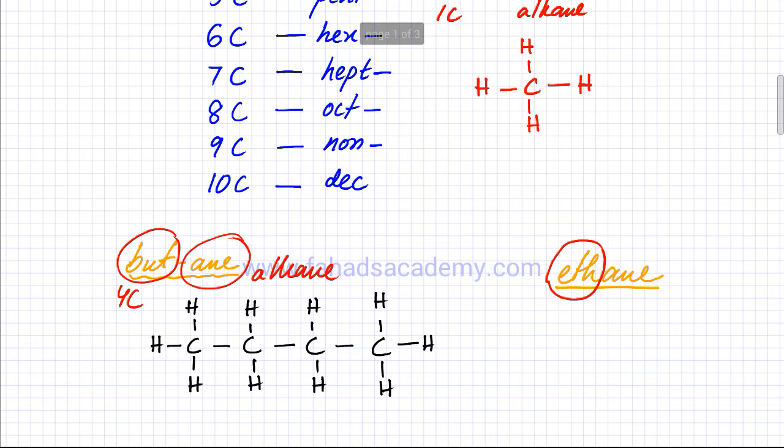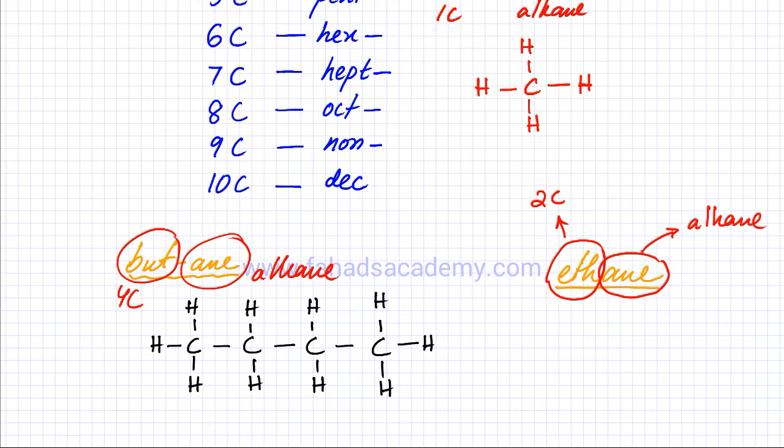So this part says that there are a total of two carbon atoms in this molecule, and the last part, which is ane, stands for an alkane. So it's an alkane having two carbon atoms. So you're going to have one carbon atom and two carbon atoms, and they would all be joined, and since it's an alkane, this carbon atom would be making three more bonds, and this carbon atom would also be making three more bonds.